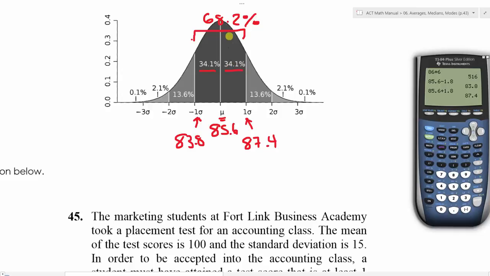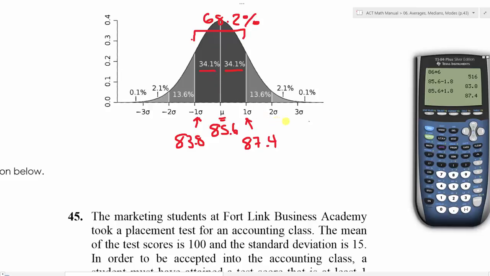So almost 70% of my students were within 1.8 points of this average score. So again, that tells you we were very closely clustered around the score if 70% of students were that close to the score.